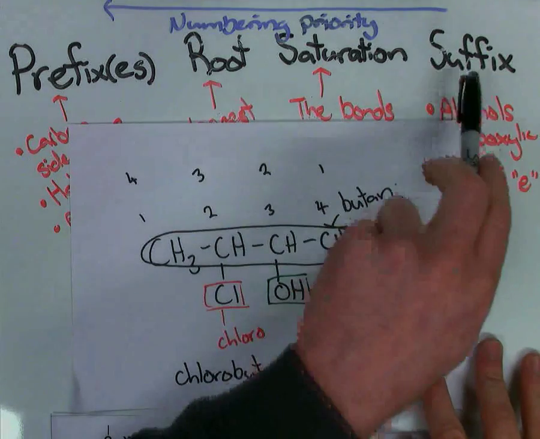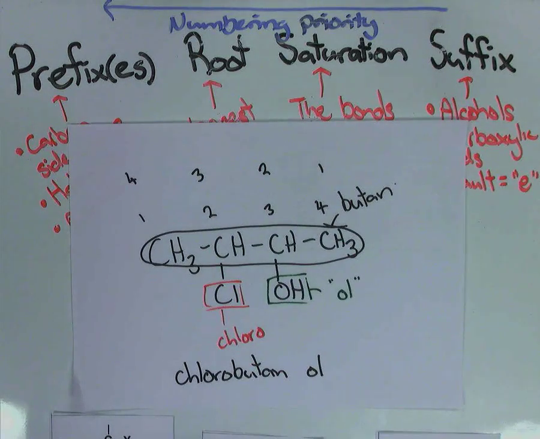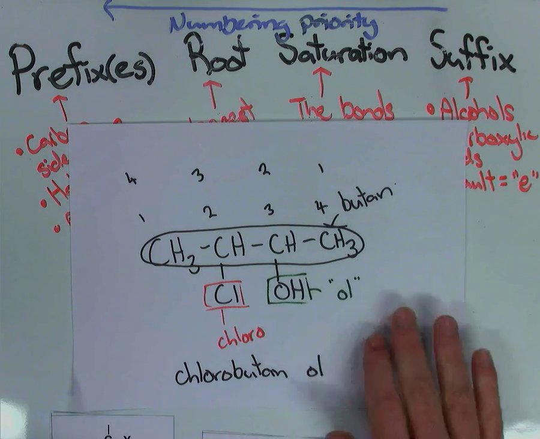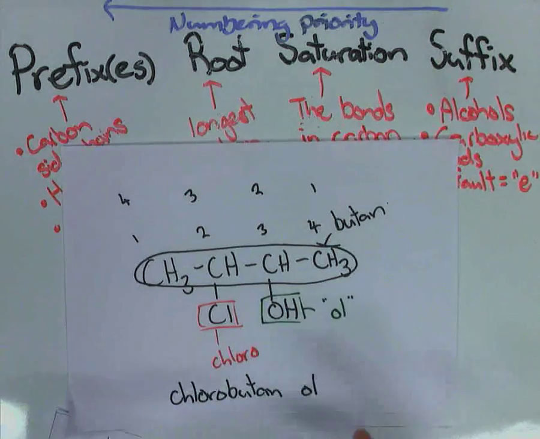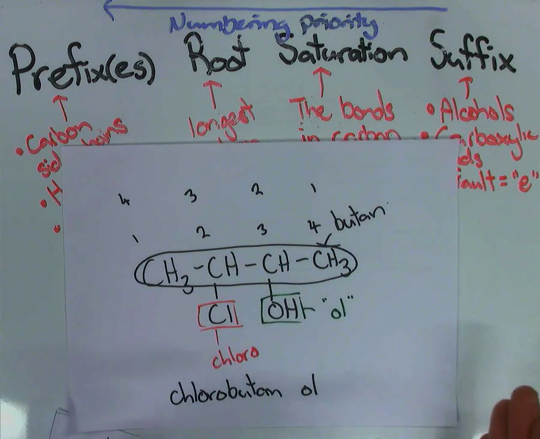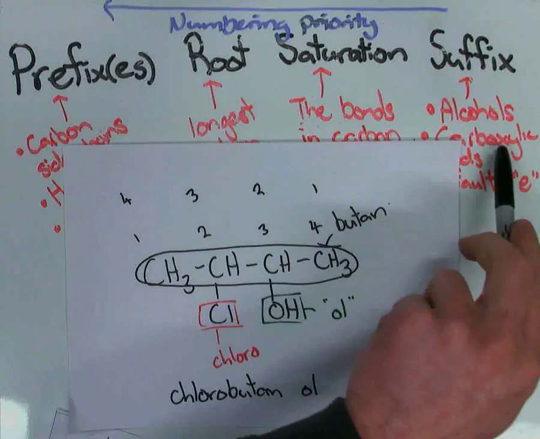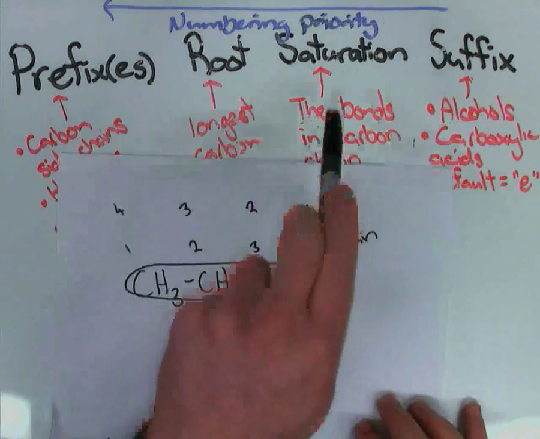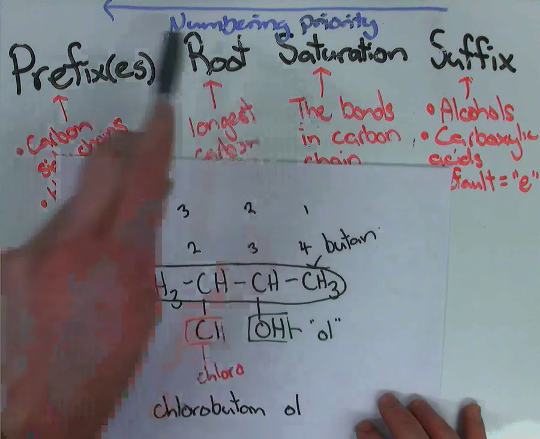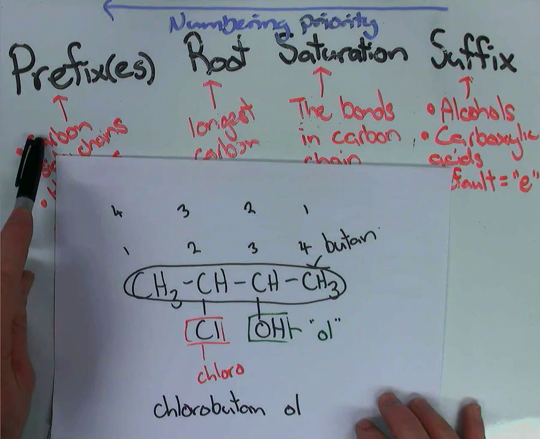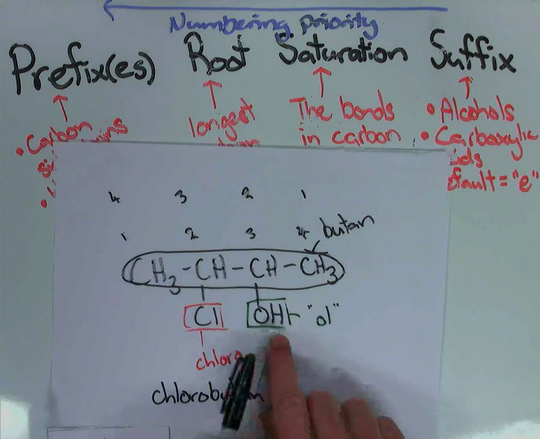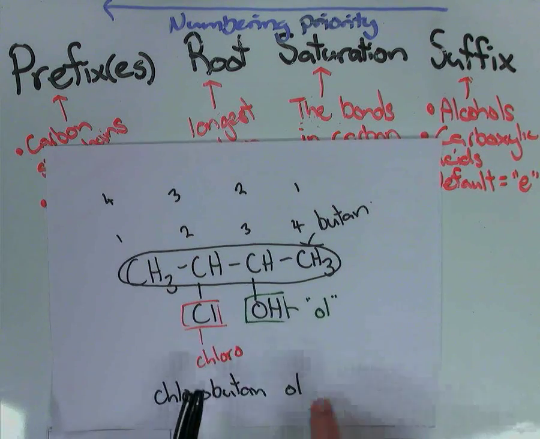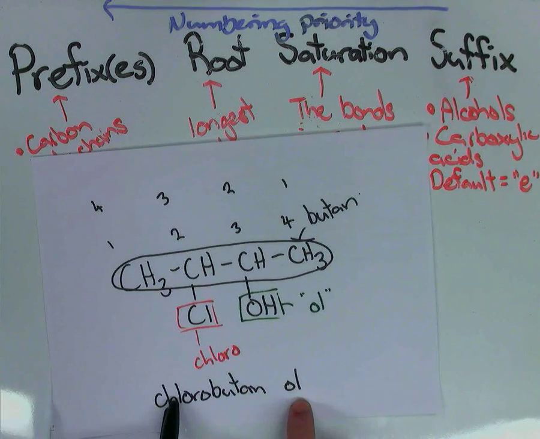That means if you have an alcohol, the carbon it's on must have the lowest number you can possibly give it. If there's also an alkene inside there, because the alcohol is near the end of the name, it will take priority. So these ones are most important for the lowest numbers, followed by the bonds, and then it jumps all the way across to the prefixes. So in this case, the alcohol is more important for numbering than the chlorine because it appears at the end of the name and this one appears at the front.